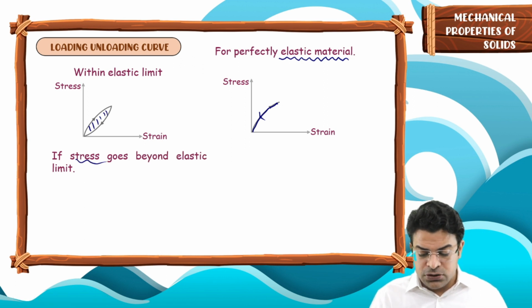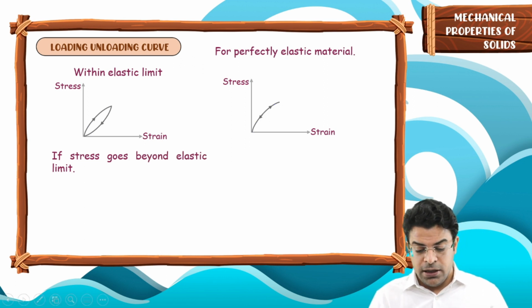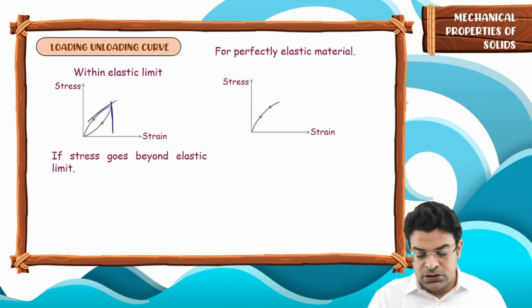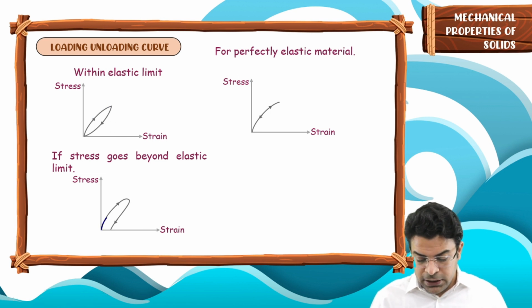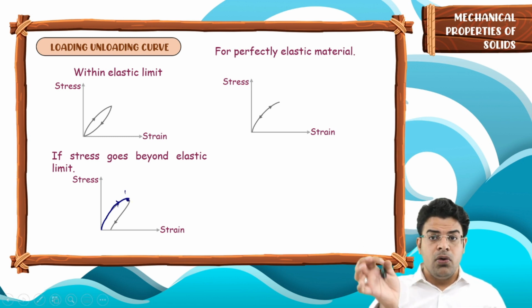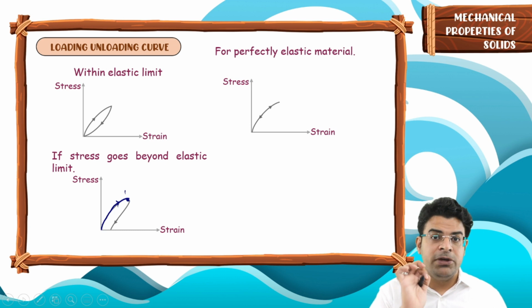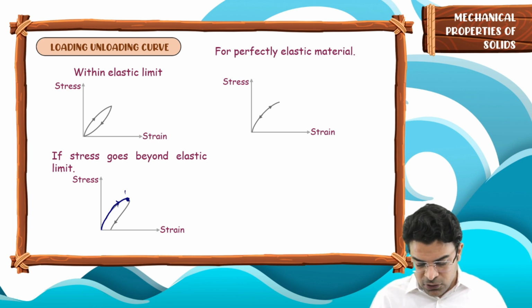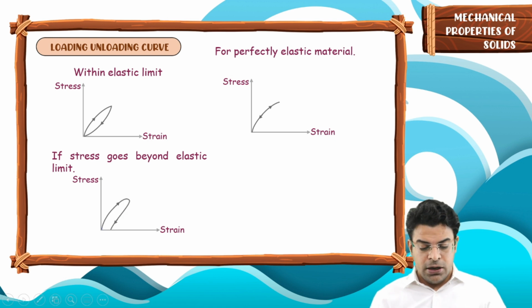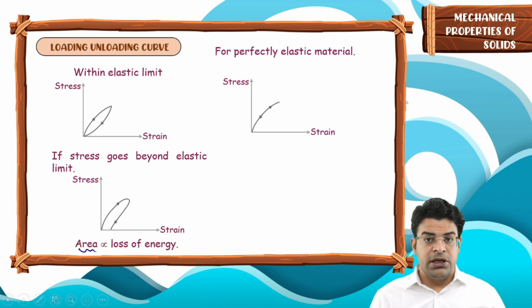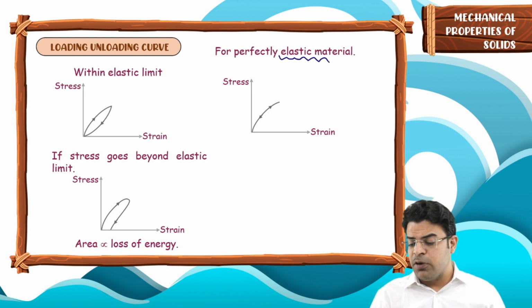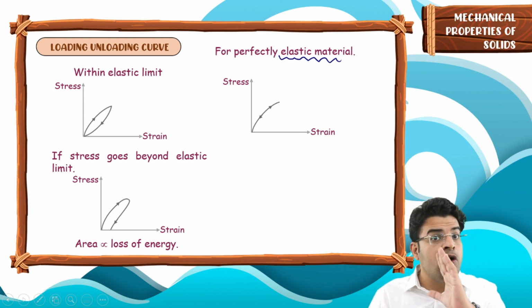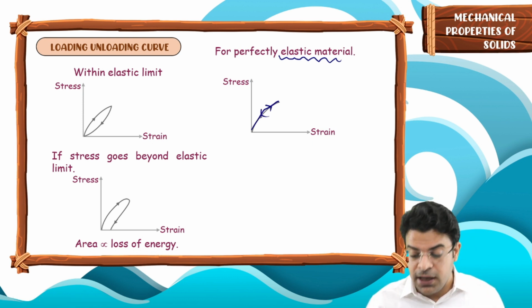Now, if you have increased the stress so much that you have crossed the elastic limit, then on loading the stress increases, strain increases, but on unloading you know that the final strain won't be zero, there will be some permanent set. So this is what the unloading curve looks like. Remember that the area enclosed in this loading unloading curve is directly proportional to the loss of energy. If your material is perfectly elastic, then there has to be no loss of energy. That's why you see here there is no area enclosed.